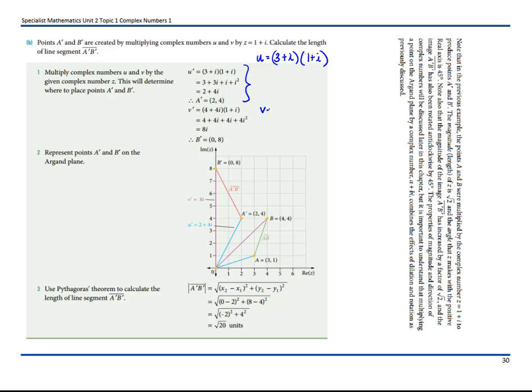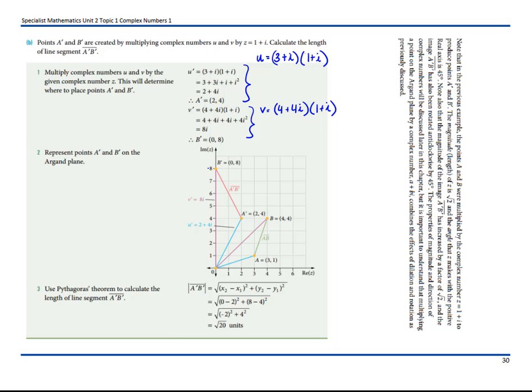And then your v, which is 4 plus 4i, is multiplied by 1 plus i, and you can see that calculation there. So our transformed A becomes the point (0, 2) and our transformed B becomes the point (0, 8), which you can see on this Argand plane.